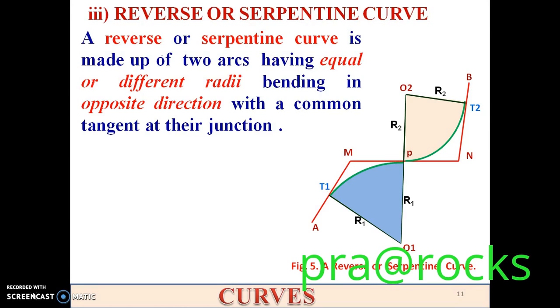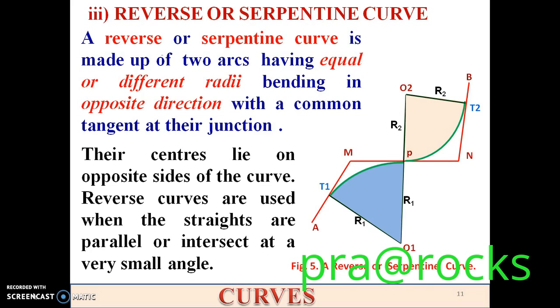See in the figure, MN is the common tangent, and you can see the centers of both the curves, O1 as well as O2, are lying on opposite sides of MN, the common tangent. The reverse curves are used when straights are parallel or intersect at a very small angle. These are the cases where the reverse curves are provided.